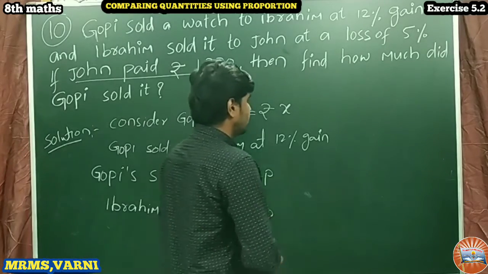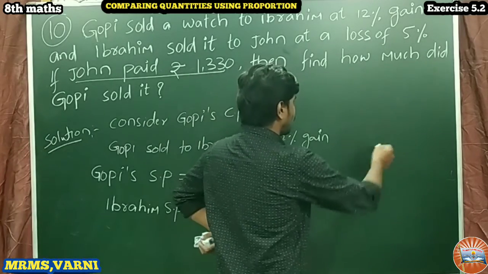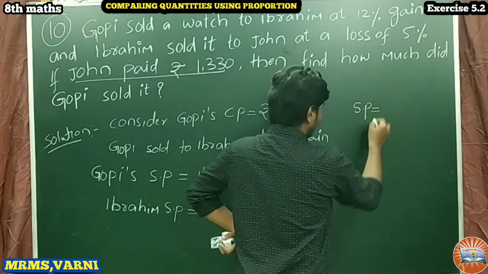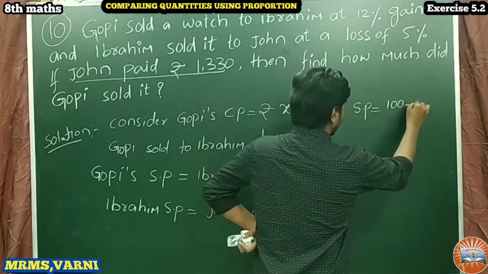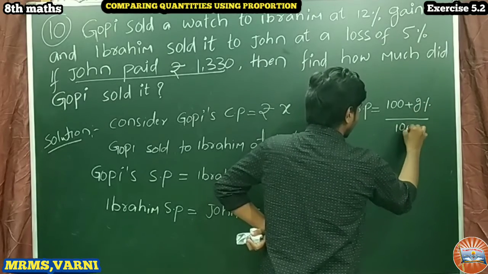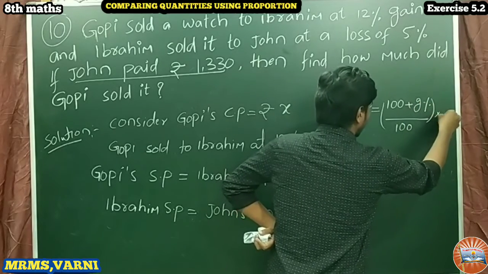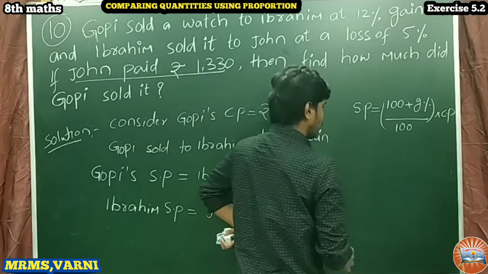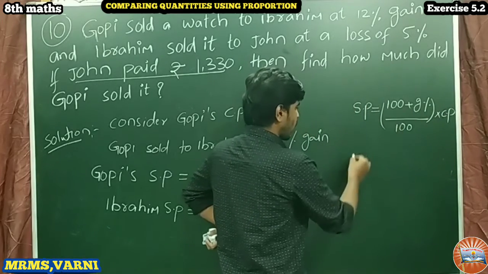So I'm writing here two formulas. SP formula we have (100 plus gain percent) by 100 into CP, one formula, in gain.